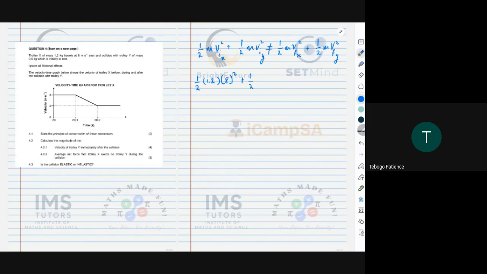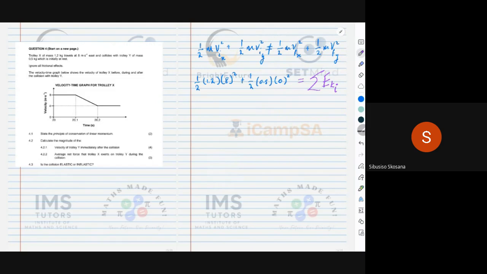What is the mass? It's 0.5. Then velocity initially is 0 squared. Okay, this is the kinetic energy initially.